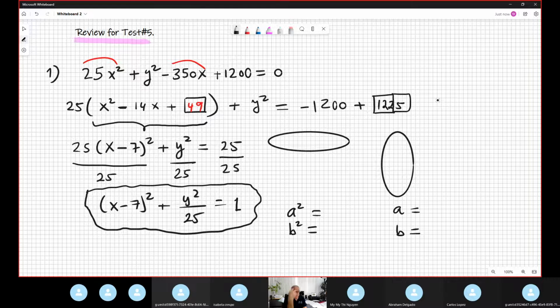In the ellipse, A is the bigger value. It's obvious, 25. And B squared is 1, because we have an invisible divisor here. Therefore, A is 5 and B is 1. Do you see that or not?